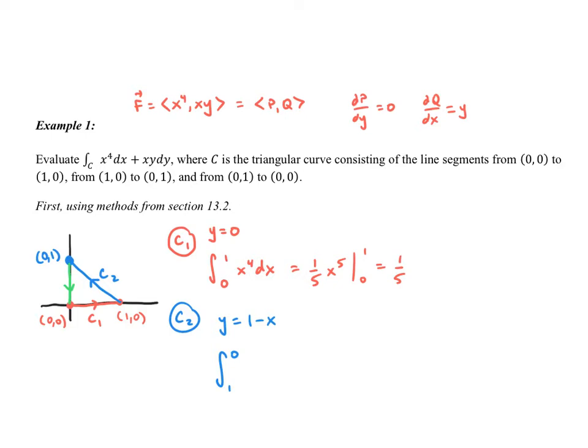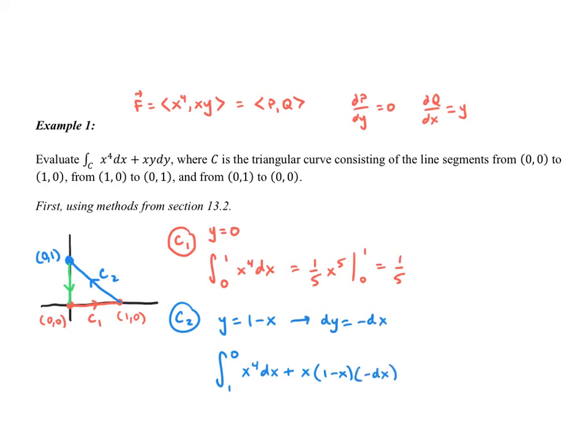And then we have x to the fourth dx plus x times y, and y is 1 minus x, so it'll be x times (1 minus x). And then dy is equal to negative dx, so that's multiplied by negative dx. All right, so that's our integral.